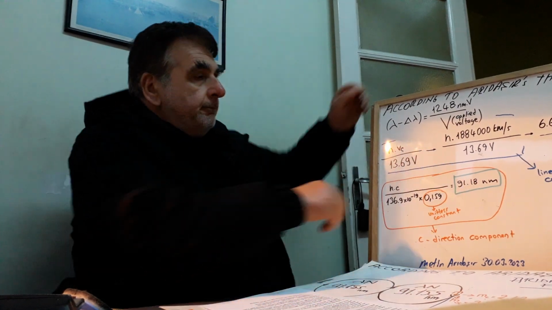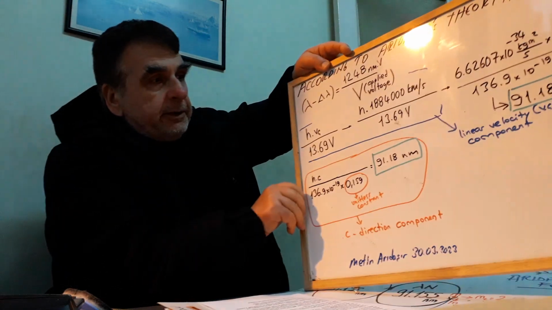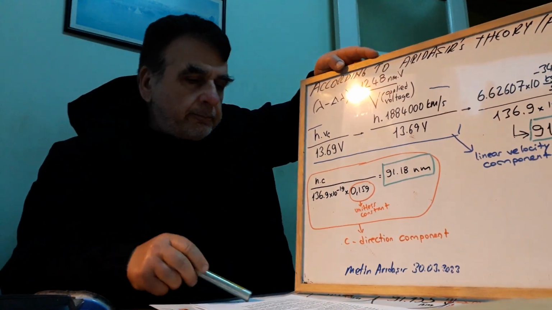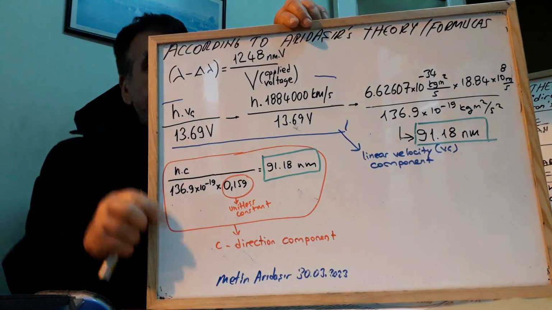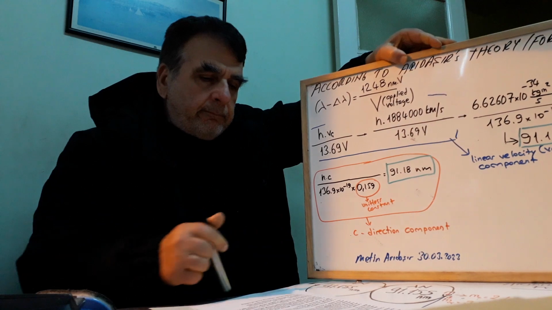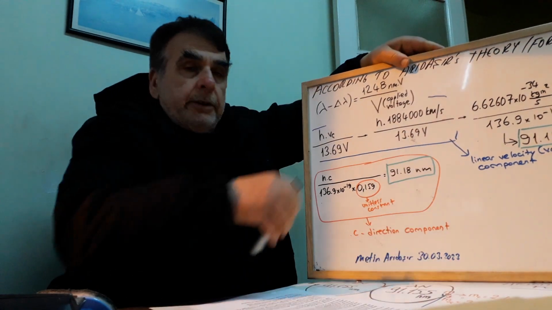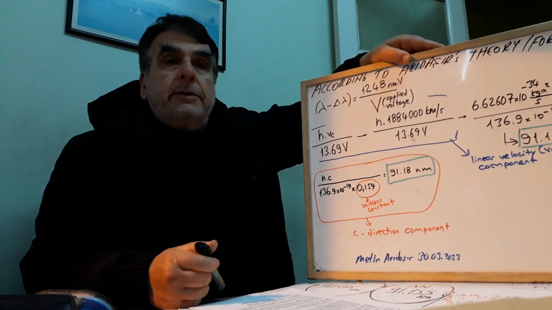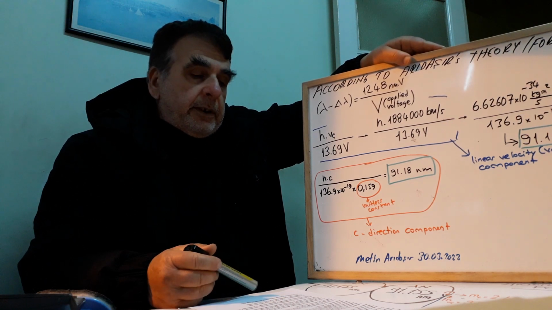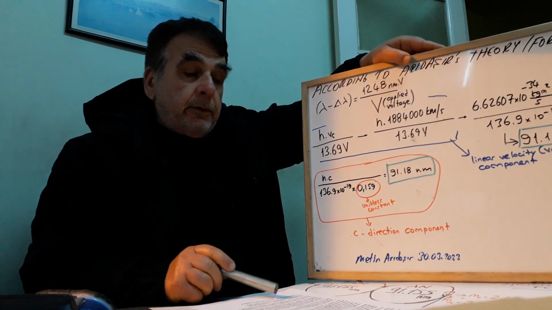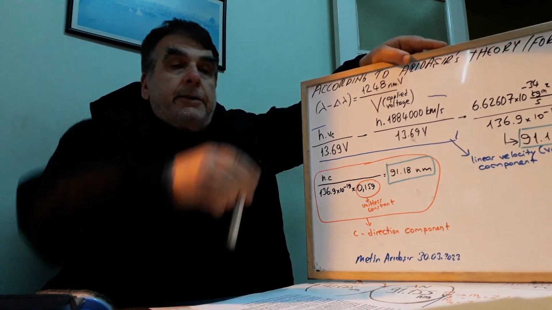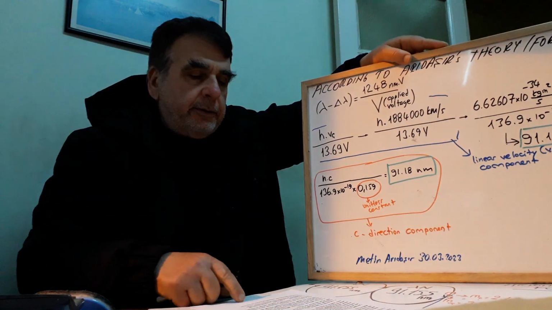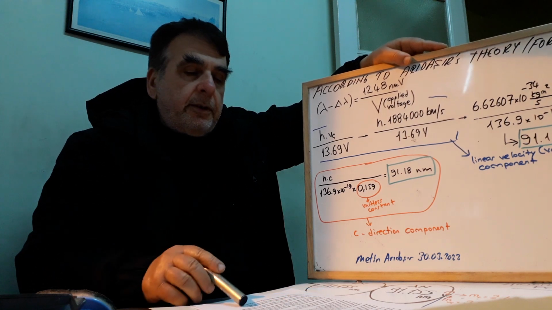formulas. How? Here, remember, one of them, look at that, upside. Yes, one of them, in the linear velocity direction, 1,884,000 kilometers per second, linear velocity component direction component.